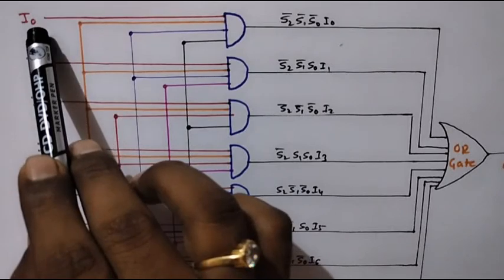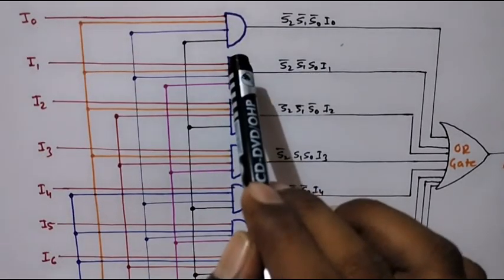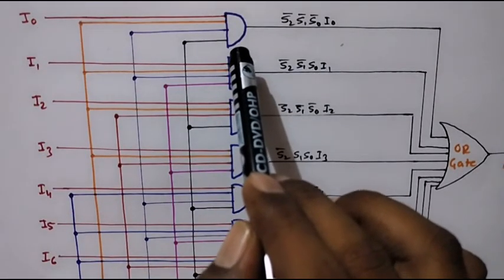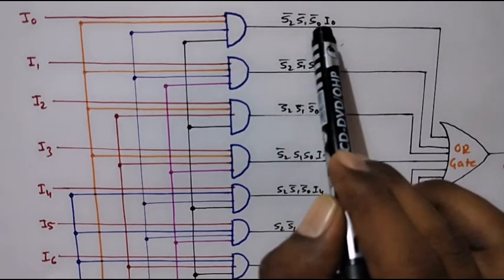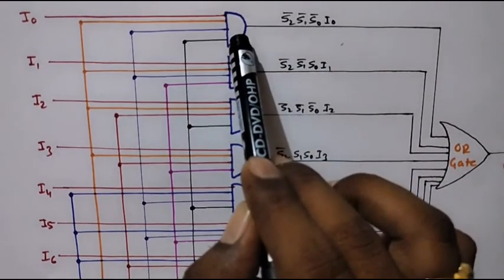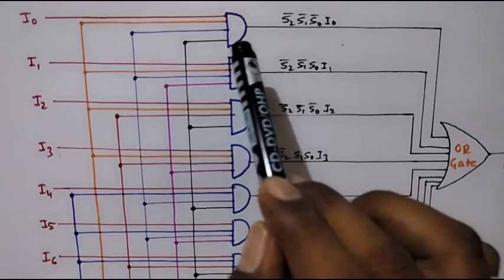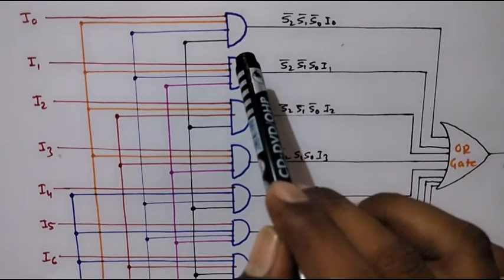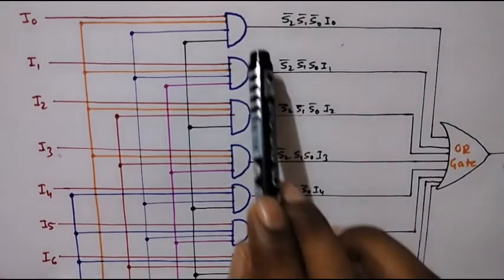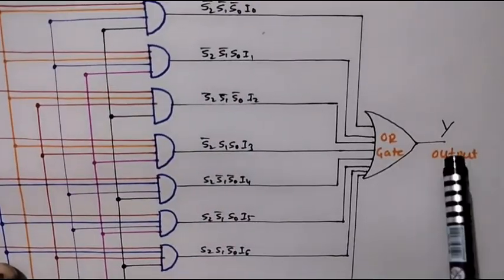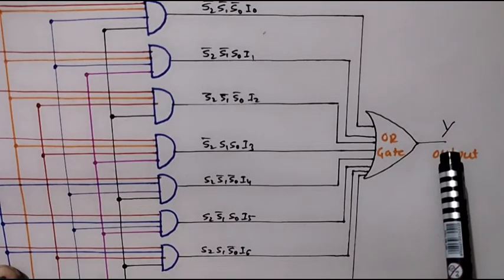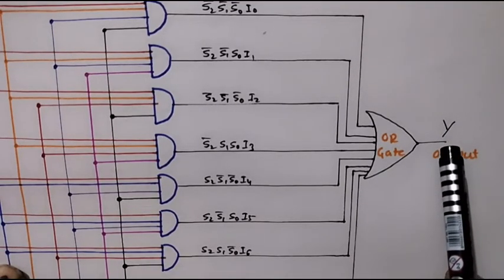This is the I0 input which is directly connected, and remaining 3 are select line inputs. Those are S2 bar, S1 bar and S0 bar. Those are connected to AND gate. Likewise, inputs are given to each AND gate. The output of each AND gate is given to OR gate. The output of OR gate is the output expression, that is Y.